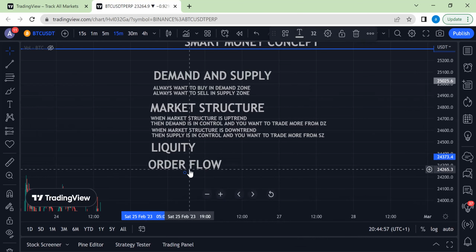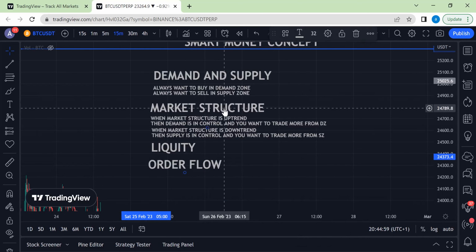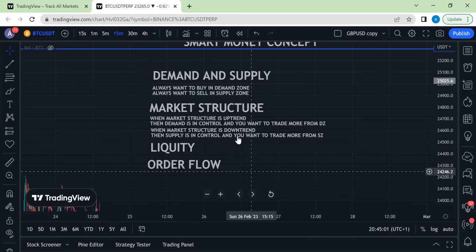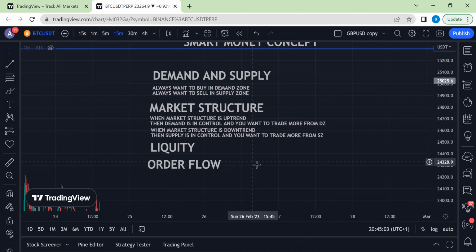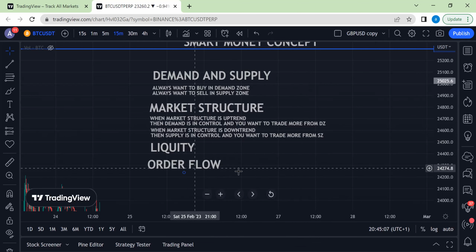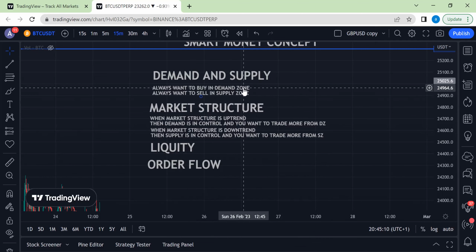I can even do order flow as a subtopic under market structure. These are the things we have to know. So after you have known all this, we can now start bringing them together to form a trade. We bring them together to now form our trade bias.